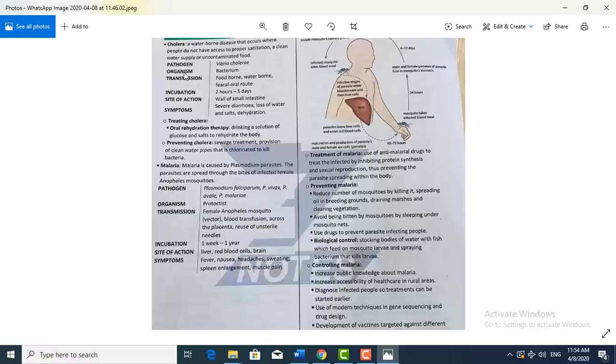To make it much easier for you, follow the strict way that we had: each disease is caused by which microorganism, the incubation period, the symptoms and signs, how do we treat it, and all those things. Cholera is a waterborne disease that occurs where people do not have access to proper sanitation, a clean water supply, or uncontaminated food.